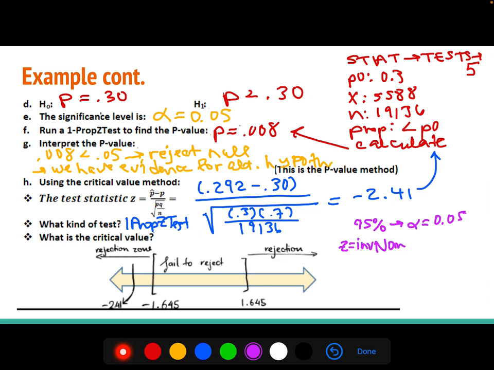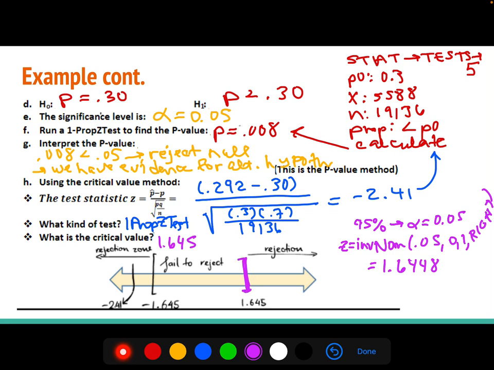So if we do Z is the inverse norm of 0.05, and I need to choose the right tail. When we type that into the calculator, we get about 1.6448 something. So that's 1.645. That's our critical value.